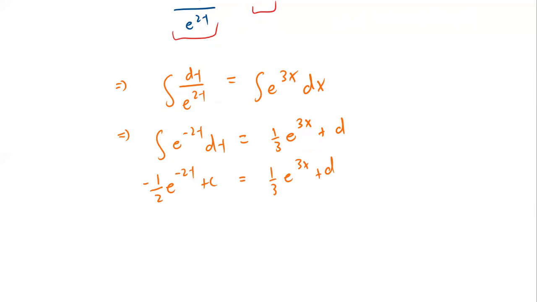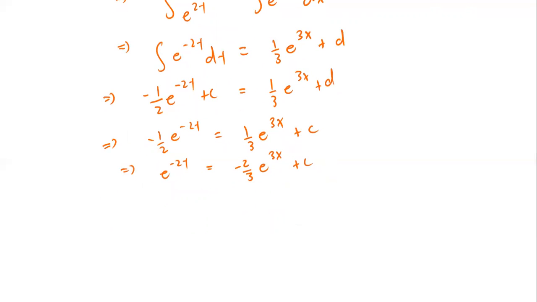Again, we're trying to solve for y. So move everything not involving y to the other side. So we combine the constants first to a new arbitrary constant c, multiply everything by -2. -2 times an arbitrary constant is again an arbitrary constant.